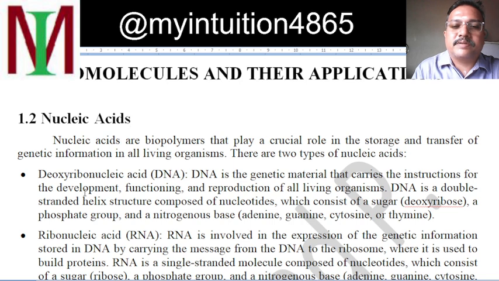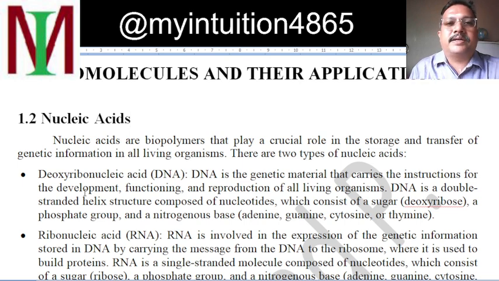originated polymer structures, which play a crucial role in the storage and transfer of genetic information in all living organisms. That means from generation to generation, the character and nature get passed on. Our new generation is more advanced than the previous generation because what we already learned is there in our genes, and we transfer that to the next generation.